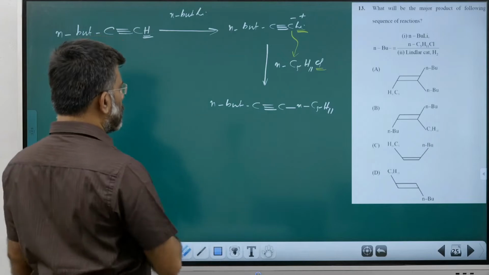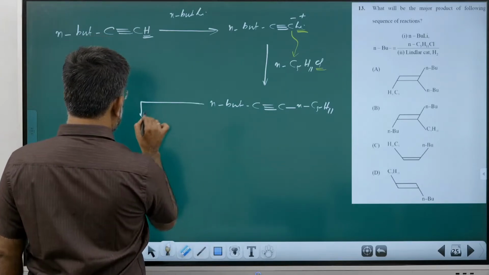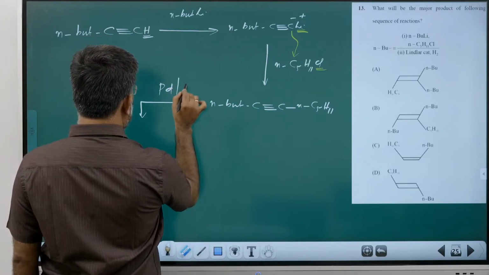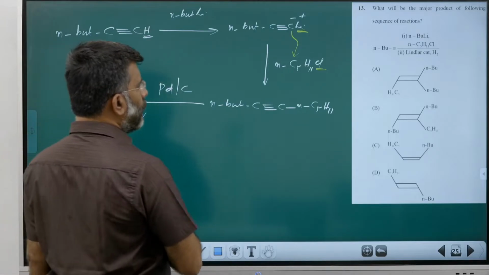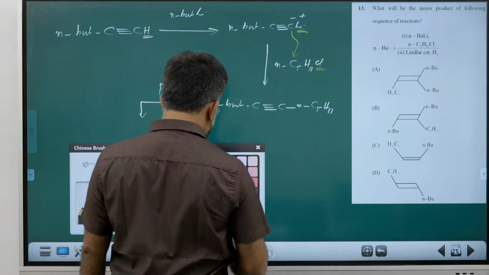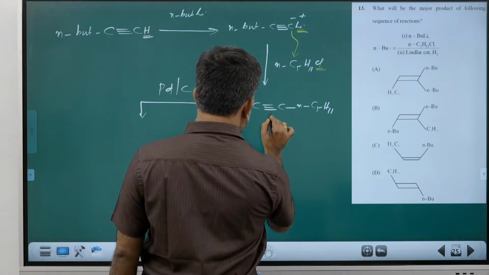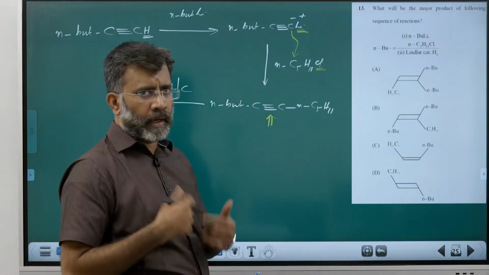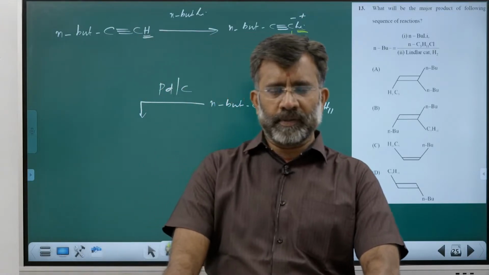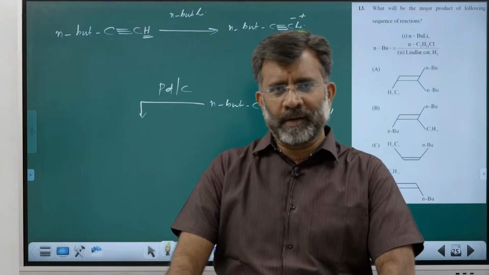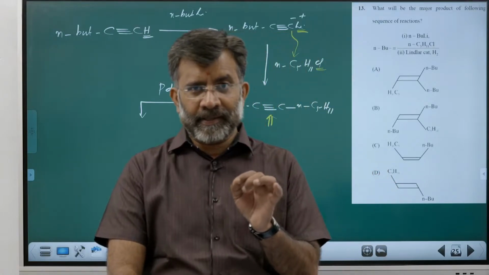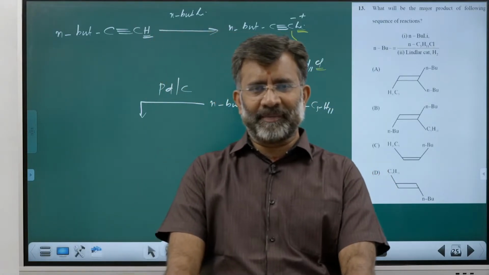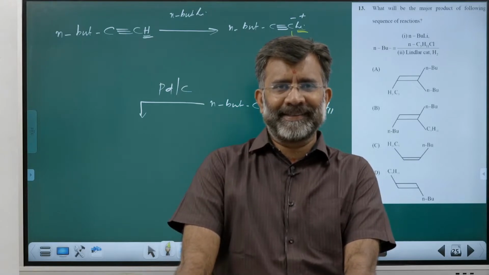Now it is treated with Lindlar's catalyst, palladium on charcoal for the reduction process. Hope you remember, the triple bond will be reduced to a double bond. And there is something specific in the stereochemical aspects. What is that?